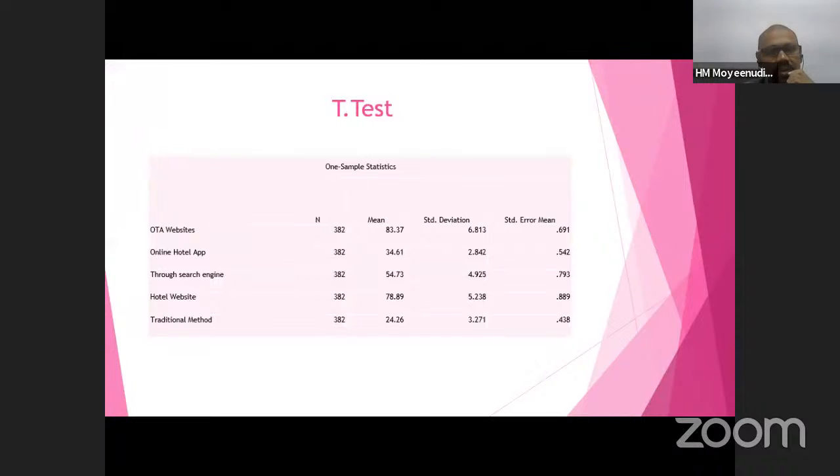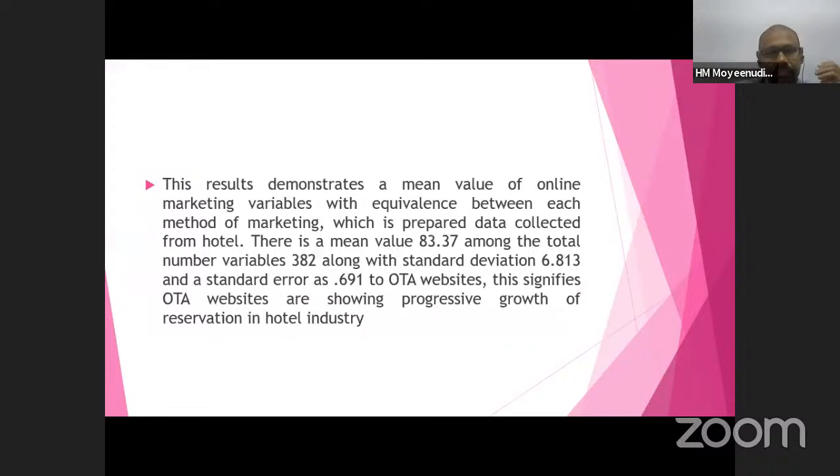Further, we have also seen the other methods, like the hotel website, also providing occupancy. The results demonstrate a mean value of online marketing variables for each method of marketing, prepared from data collected from hotels. The mean value is 83.37 among the total number of variables, 382.